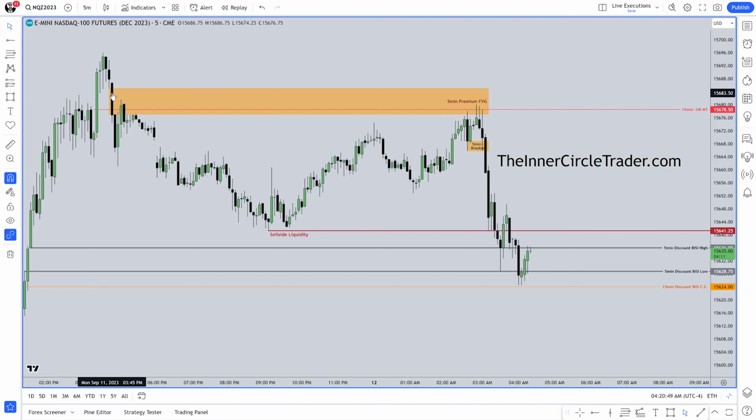inefficiency, it makes it stronger when you have on the opposing side one singular candle up here. So it kind of creates this island reversal type pattern, but we don't see it that way when there's a continuous delivery of price.